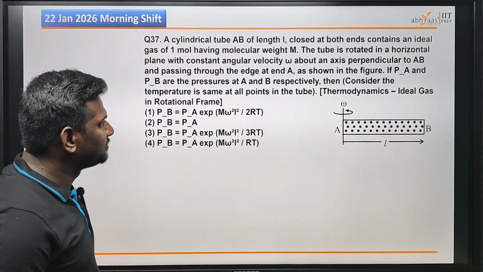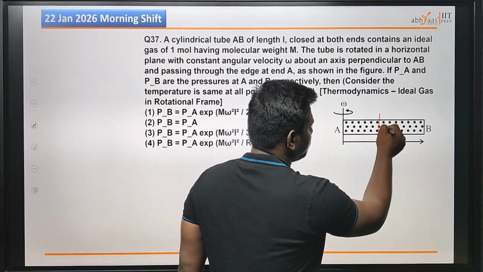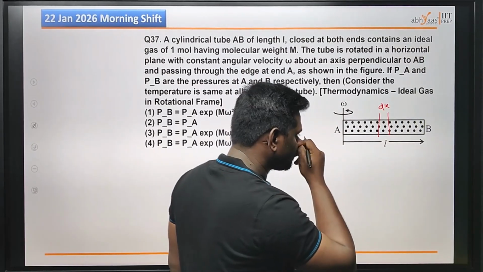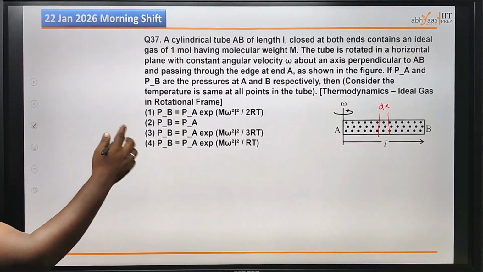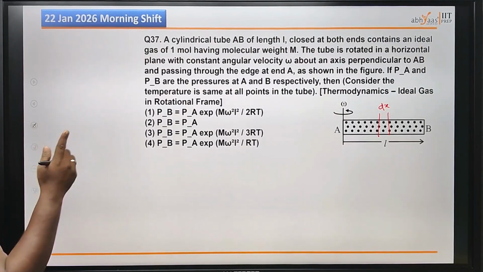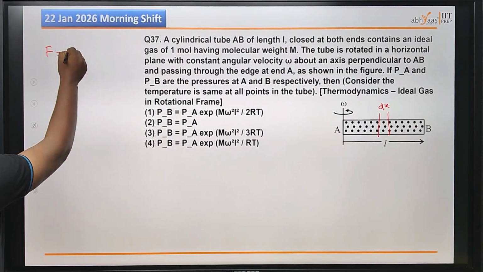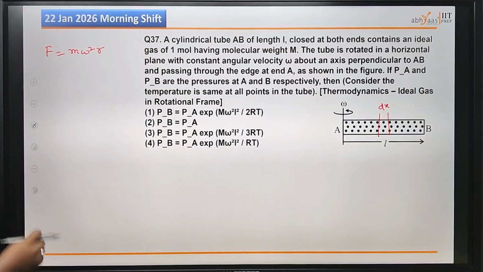So see here, consider one small portion, a small part of length dx. We know that for a rotating body, the force is m omega square into r.